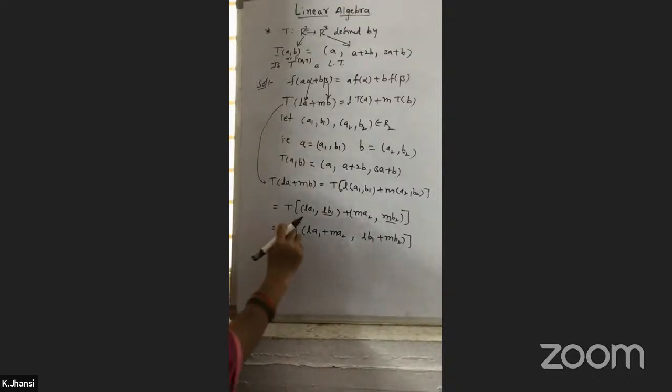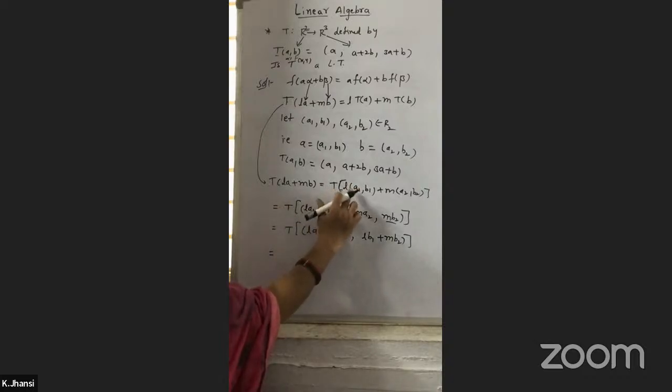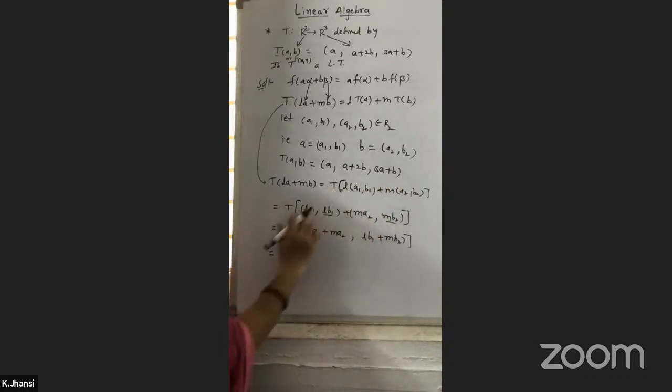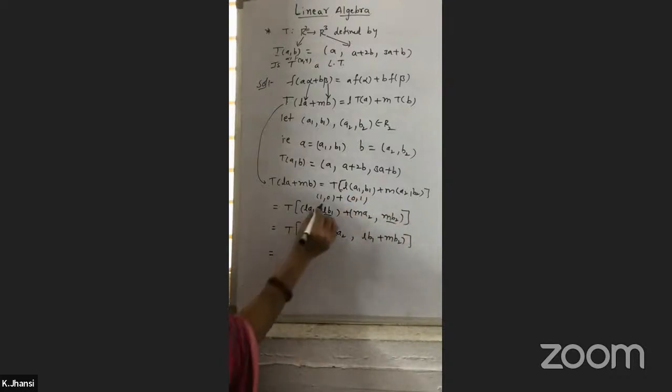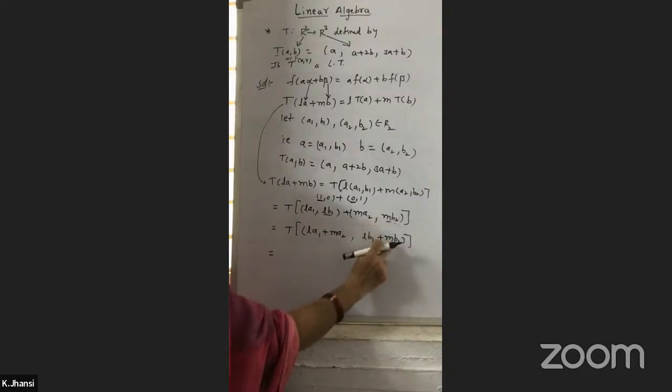Now see, first you have multiplied the terms with L and M. After multiplication, in the coordinate form, like 1 comma 0 plus 0 comma 1, in vectors what we do is add the first element of the first coordinate and the first element of the second coordinate. Here also, similarly, LA1 plus MA2, next LB1 plus MB2.